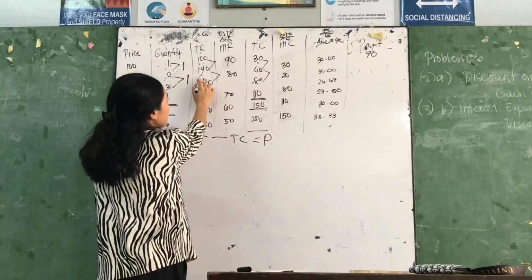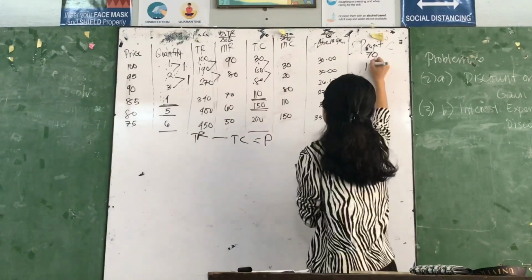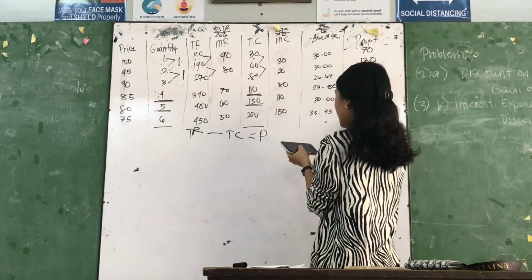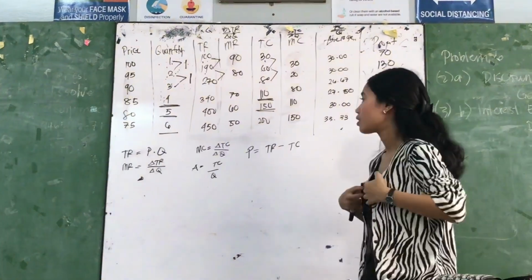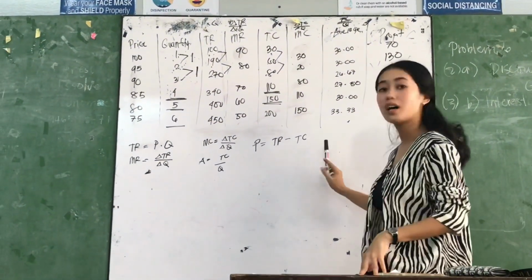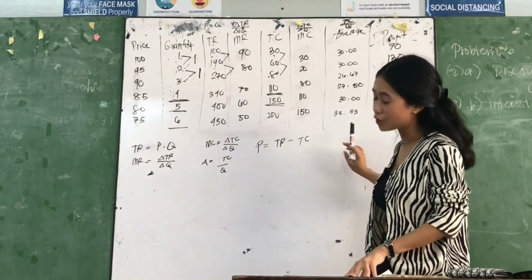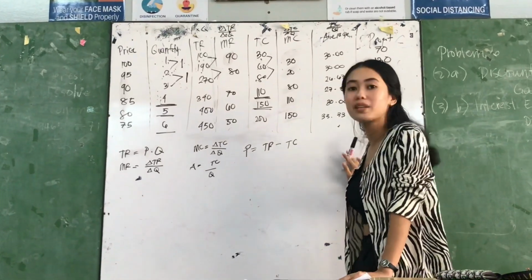And 190 minus 60 is equals to 130. And so on. 130, 190, 30. So these are the formulas for how to get the revenue and cost data of a pure monopoly. So that's all my knowledge.